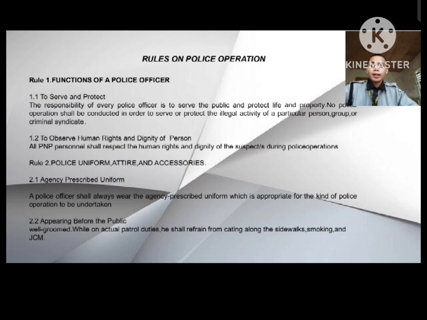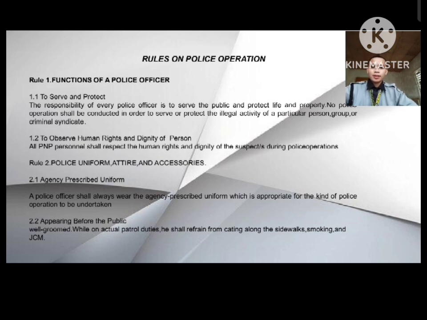If we are the ones who enforce the law, we are not exempted from following it, but we ourselves are also under the law. As they said, no one is above the law. So we enforce and we also follow. Those people who follow us must see that we are also law-abiding citizens.